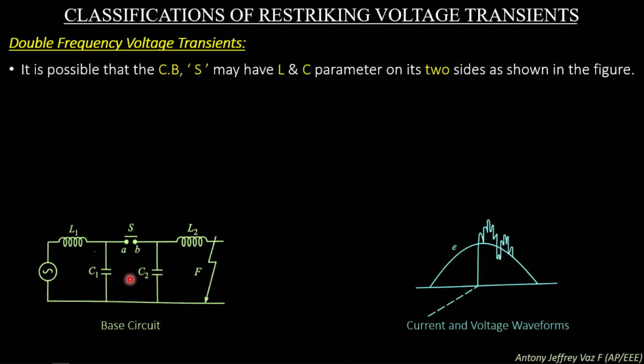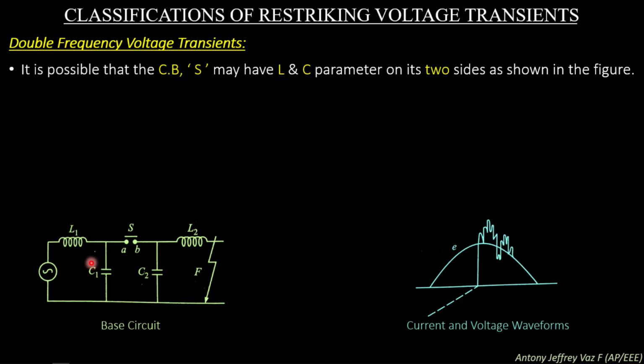If it is a very long transmission line and the fault is occurring at the end of the transmission line, then there will be two inductance and capacitance formed before and after the circuit breaker as shown in this circuit.